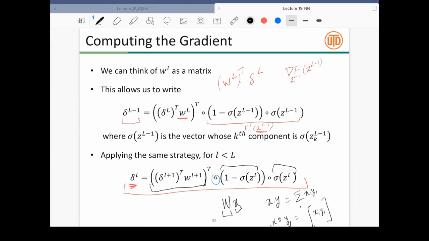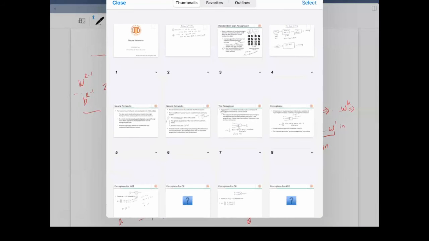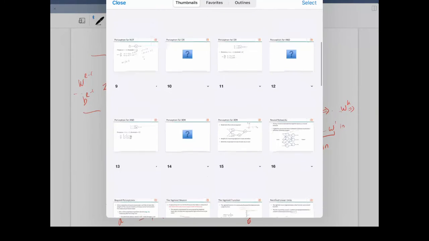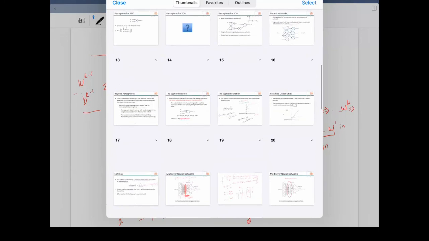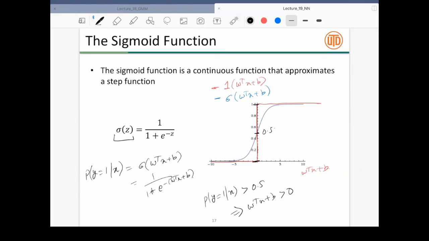So if you write down the sigmoid, I think I have this somewhere. If you remember how a sigmoid looks, yeah, this is a sigmoid function, right? A sigmoid function can very easily saturate to either 1 or 0. So imagine you are multiplying the gradient with 1 minus sigmoid multiplied by sigmoid.